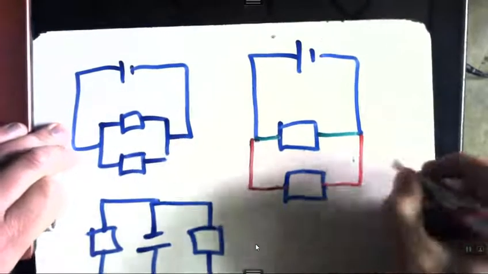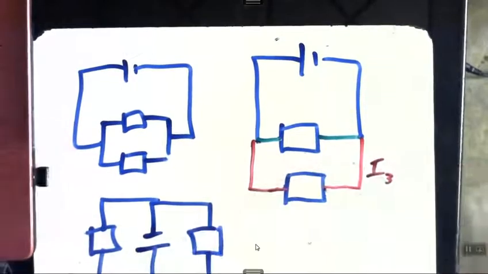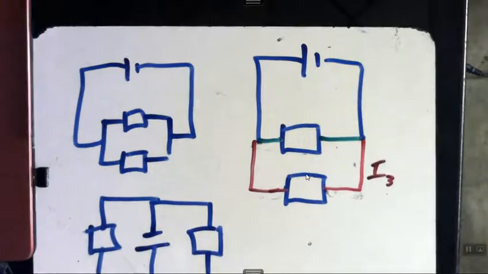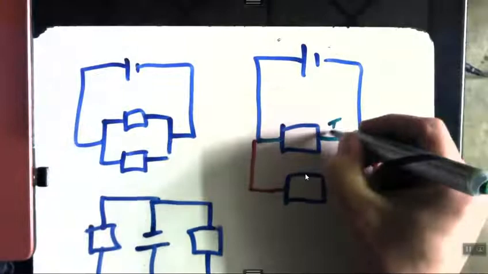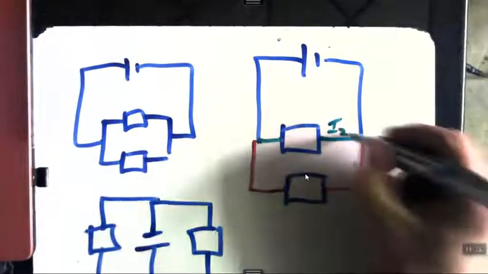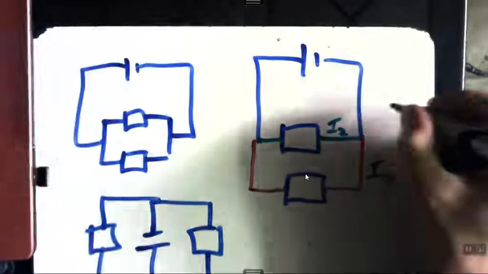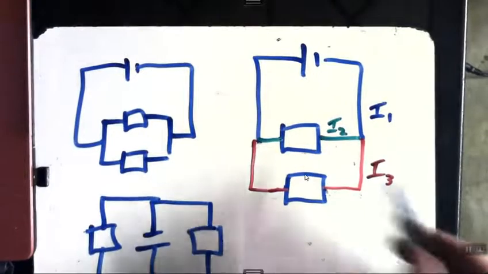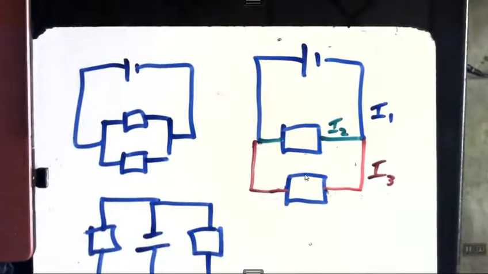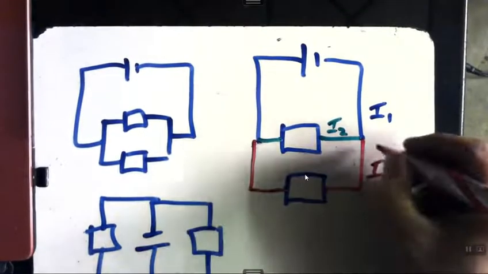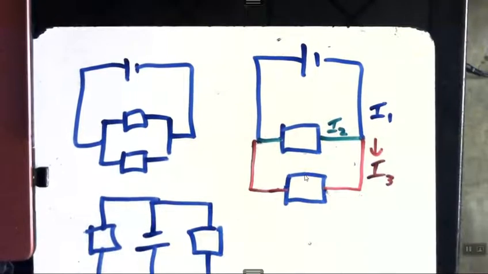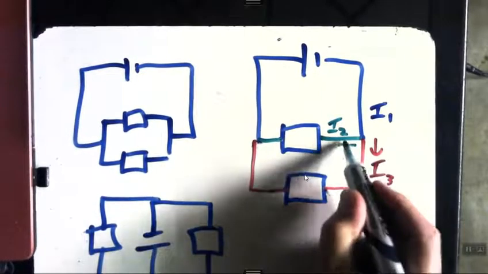If we call that I3, we call this one I2, and we call the blue one I1. In this case, I1 splits up into I3 and I2.